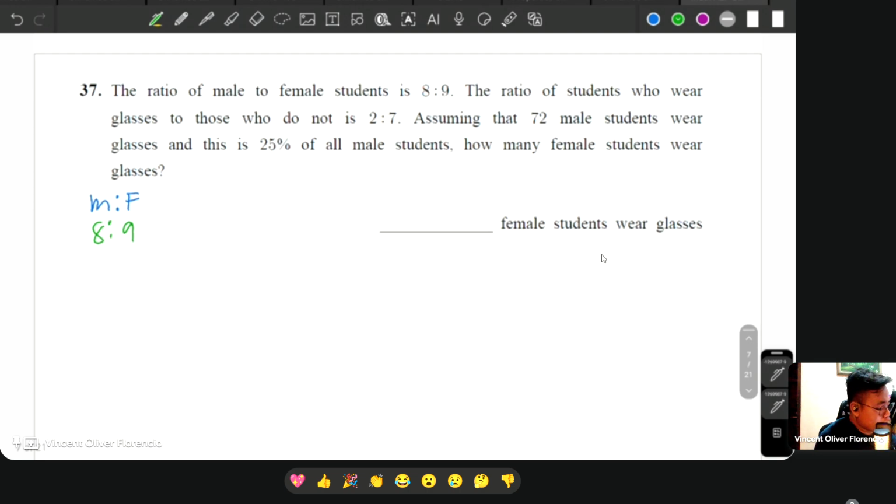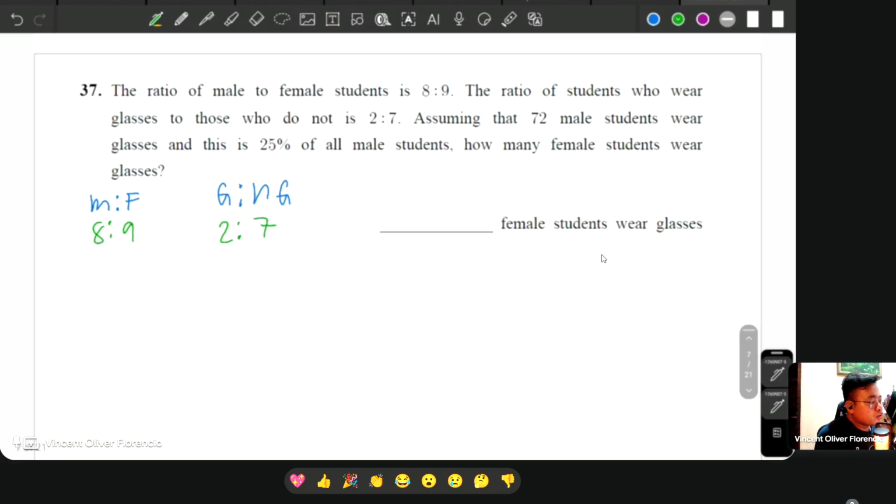And then the other ratio also mentioned is the ratio of those who wear glasses and those who do not. So I'll just put here glasses and no glasses. The ratio is 2 is to 7.